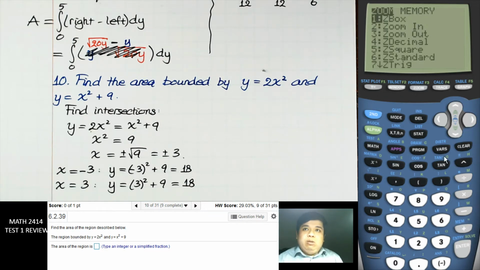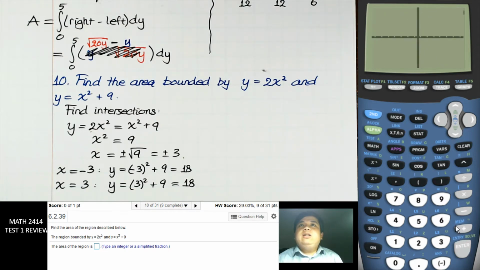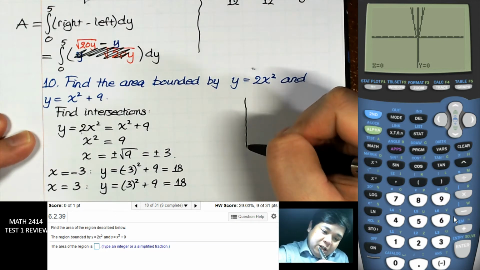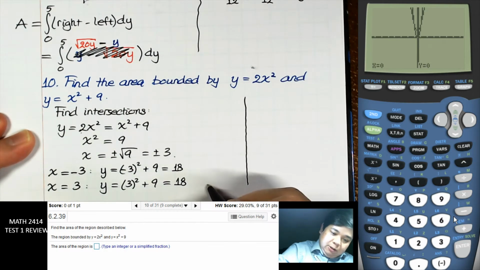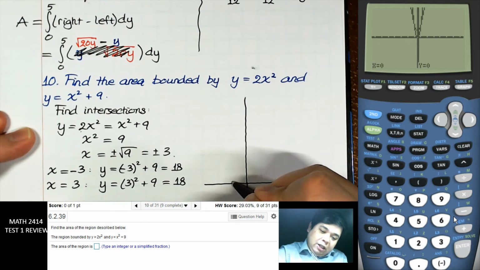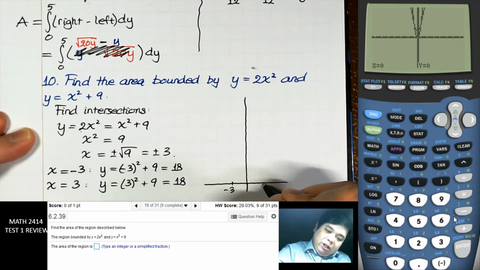Right. We have to zoom out in order to see the whole graph. Zoom out. So the sketch, let's say about negative 3 to 3.